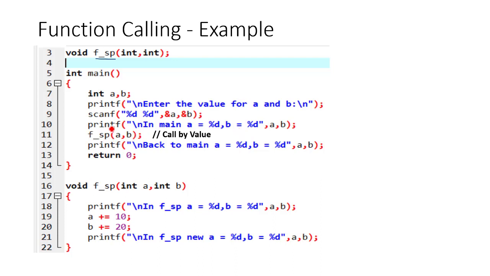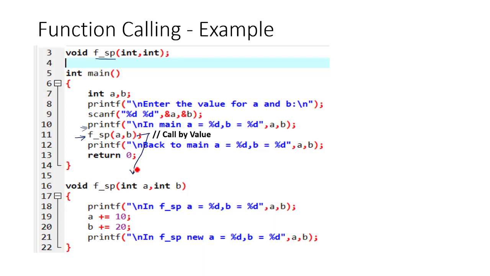So first the printf function will be called, context will be switched from the main function to the printf function, then printf to the main, similarly scanf, and similarly the next printf function. Next, what will happen? We are going to call this function. When we are calling this function, the actual parameters will be copied into the formal parameters.